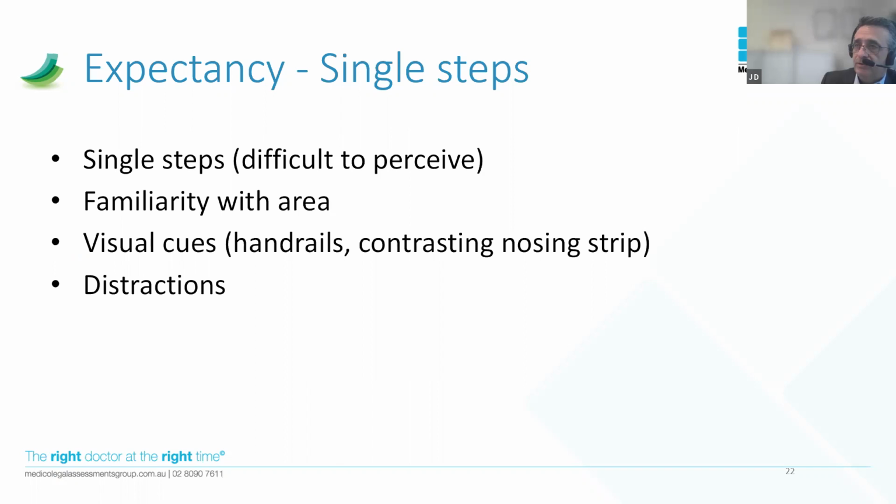Also visual cues, such as handrails and contrasting nosing strips. The other factor is distractions, and distractions may be of various types, because one must also consider, are these steps in a shop where the distractions are the merchandise on display, or other distractions such as stepping out into traffic or going through a doorway. So a person may not always be aware of a single step.